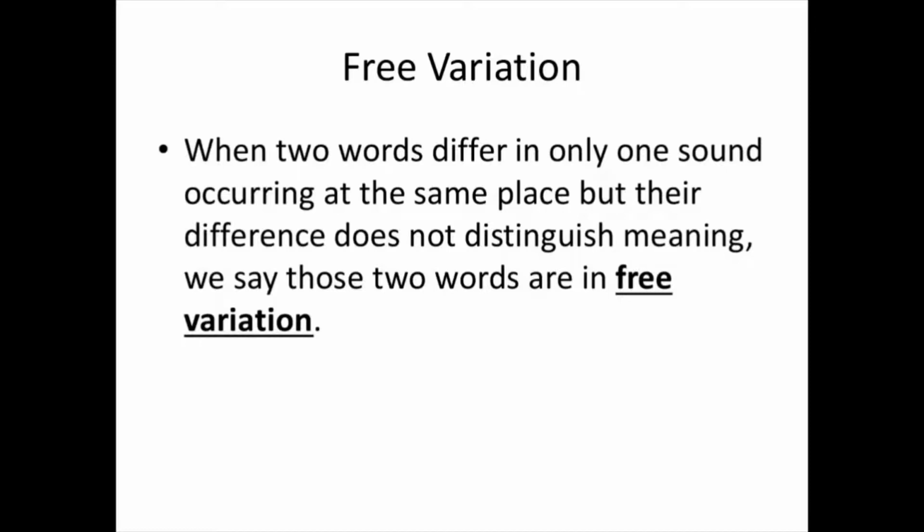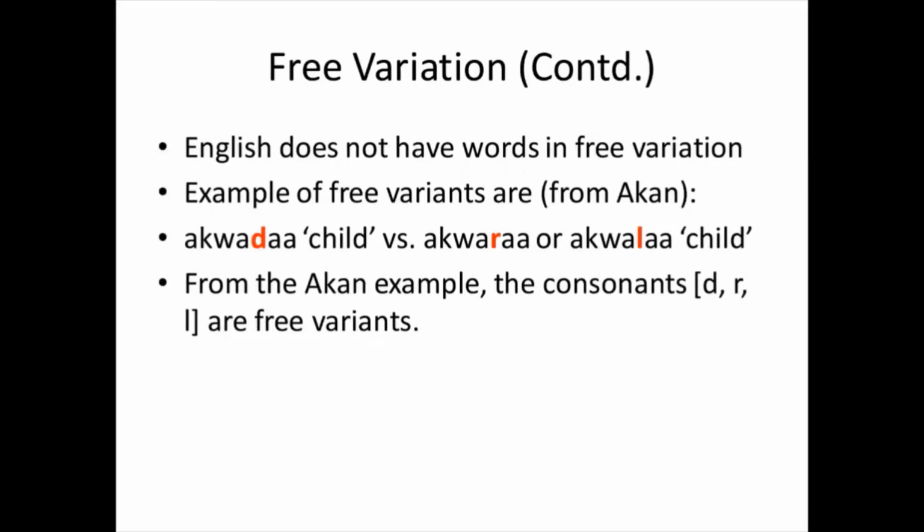But before we give the examples, let's note English doesn't have free variation, or words in free variation. But a few languages have free variation. One of the most important examples is Akan.